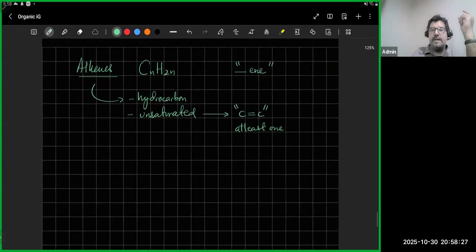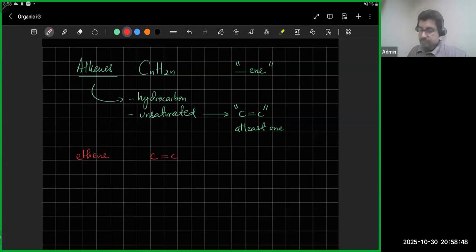You never have a 1 carbon atom alkene because you need at least 2 carbon atoms to have a double bond. So it starts with eth. Eth means 2, so you're going to have 2 carbon atoms.